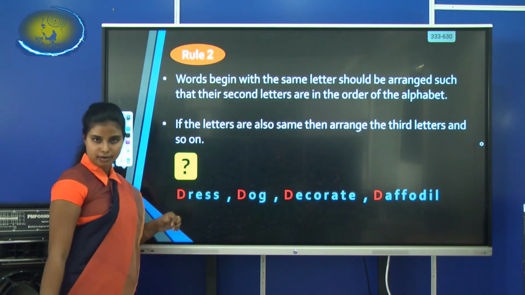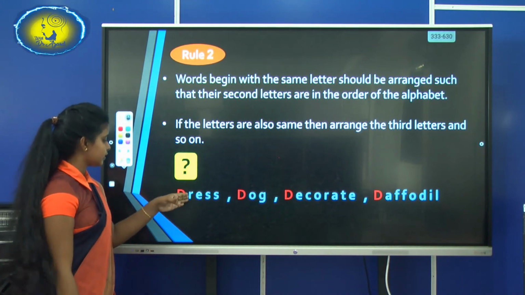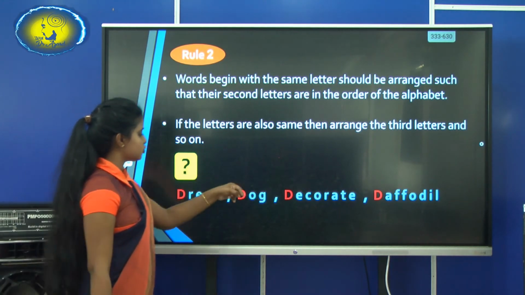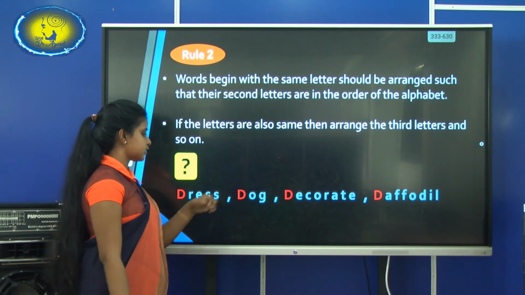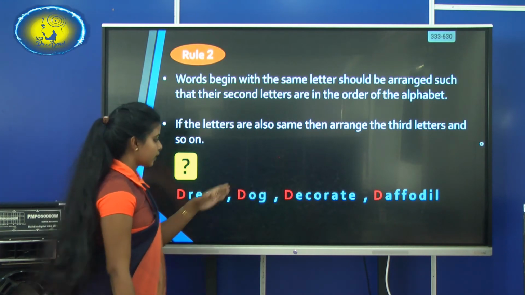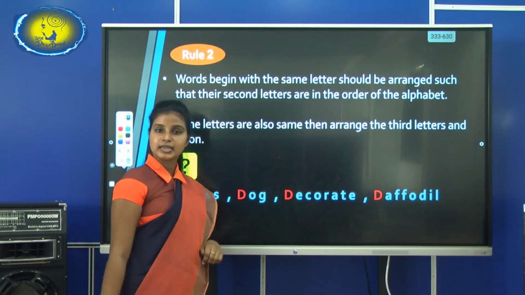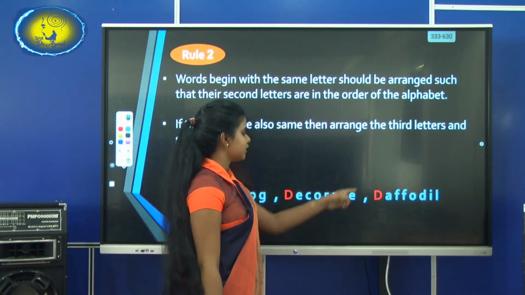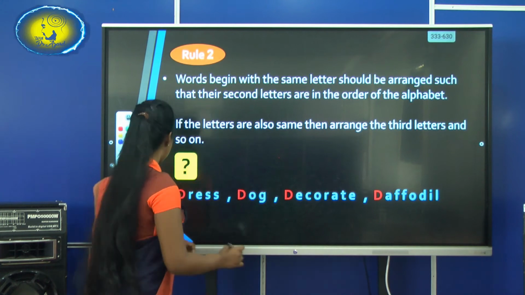It is R, isn't it? And dog, the second letter is O. And decorate, the second letter is E. Daffodil, the second letter is A.